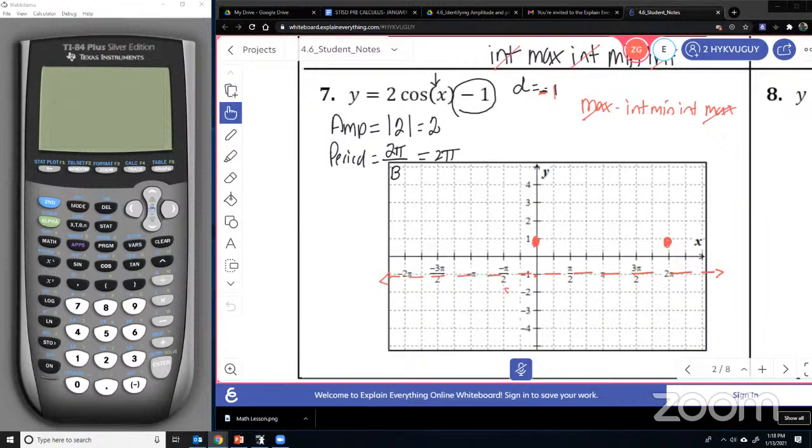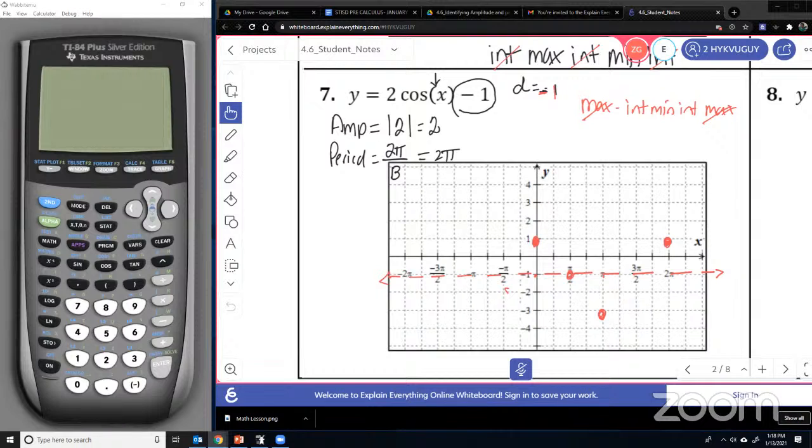Leo, Arlene, and Claire. How many spaces do I go down from the midline at pi? Arlene, Leo, that's right, 2. 1, 2. And we know that the intercept is going to occur at pi over 2.